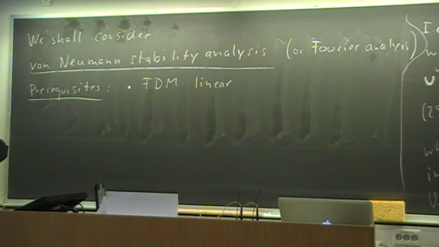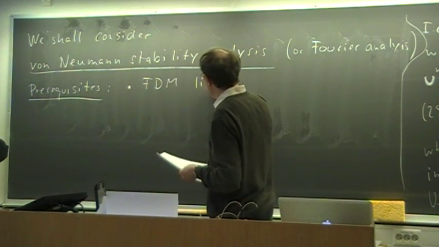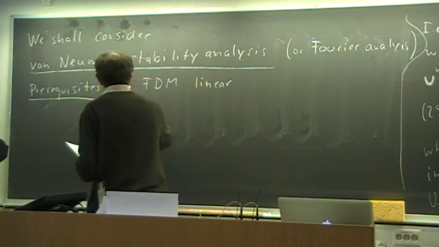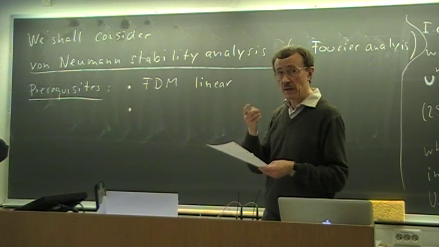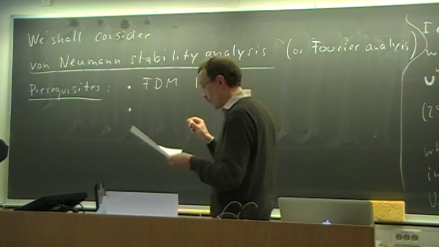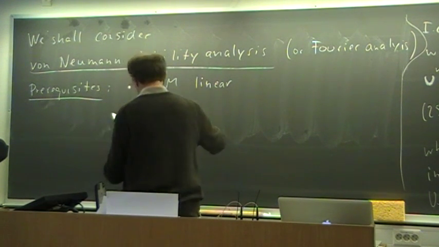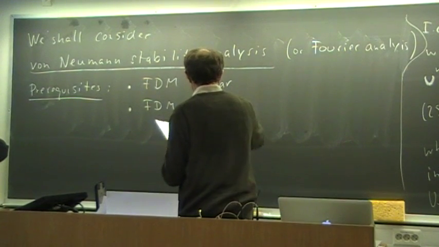So we can look at a certain point, and the nonlinear problem becomes a linear problem. But for the scheme, it must be linear, otherwise we cannot do it. And not only linear, the coefficients could still depend on space and time. We don't have that. The coefficients must be really constant. So the FDM, finite difference method, must have constant coefficients.